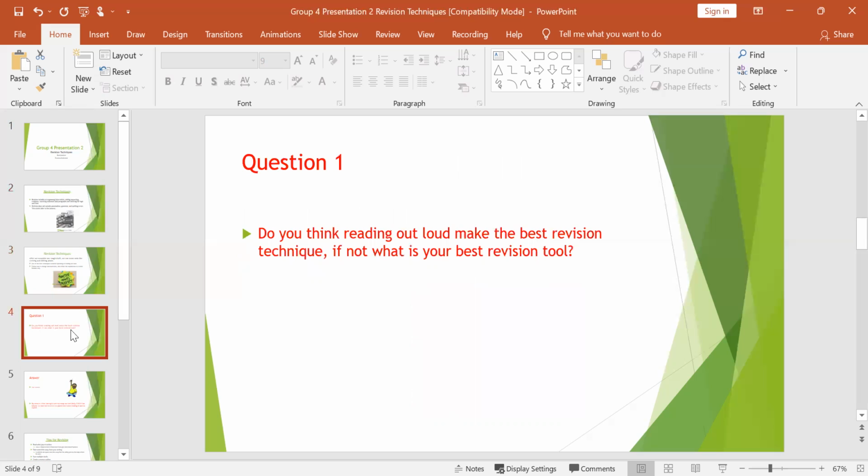Question number 1: do you think reading out loud makes the best revising tool or technique? If not, what's your best revision tool? Go ahead and pause and you can think about your answer.